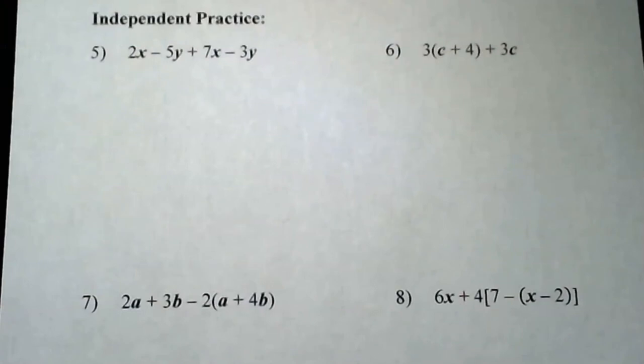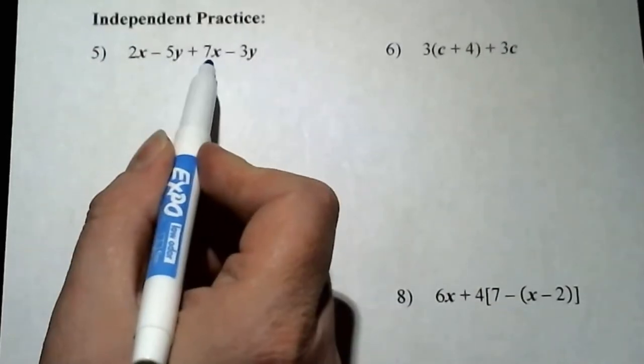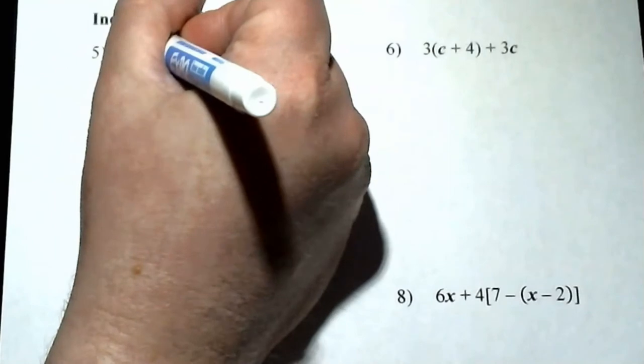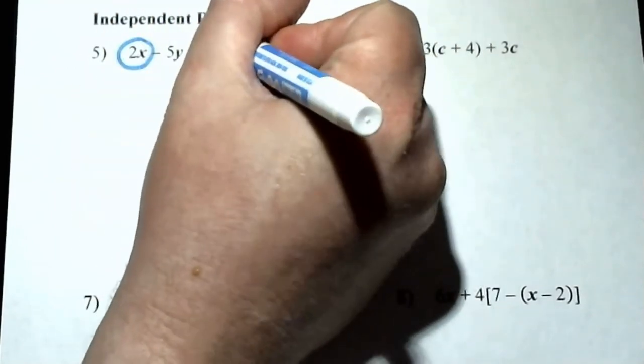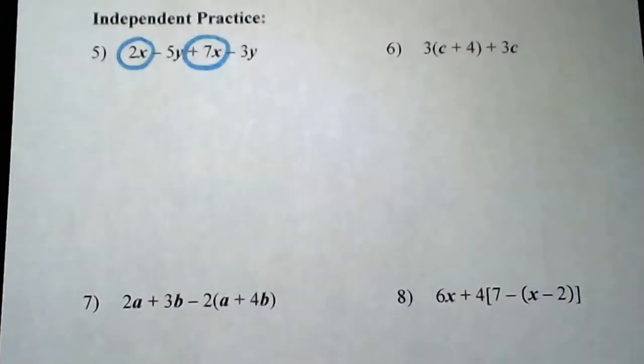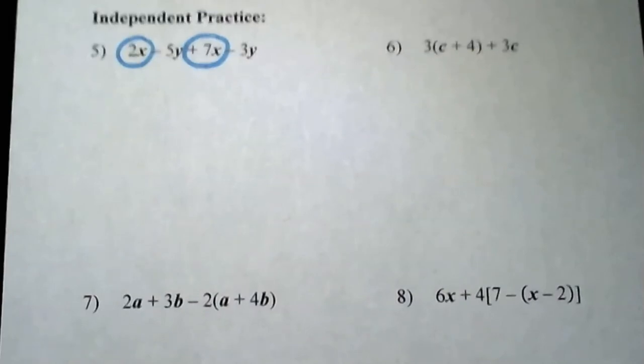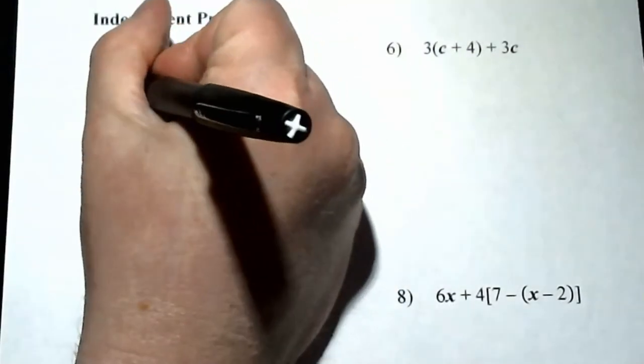On this last page is just more practice problems for simplifying. So for number 5, I see like terms I can combine. I have a 2x plus a 7x that can be put together. That'll give me 9x.